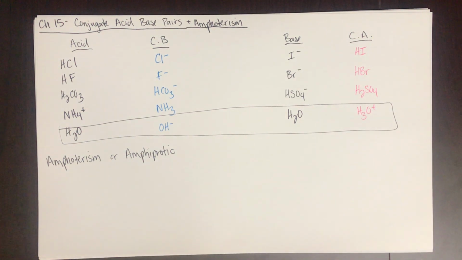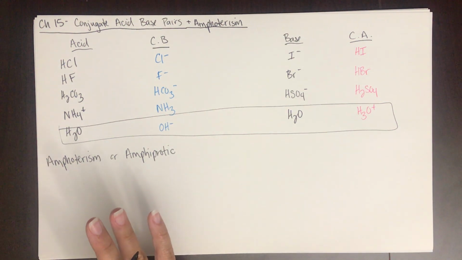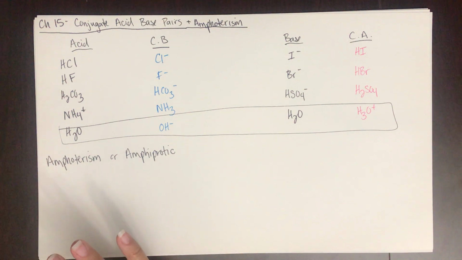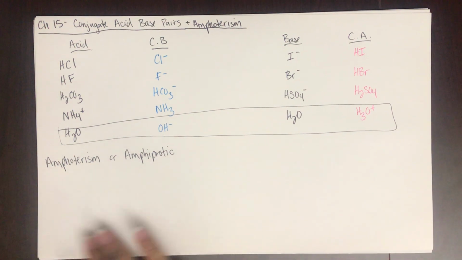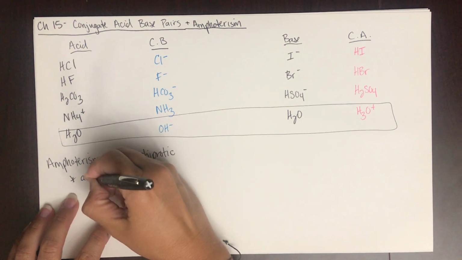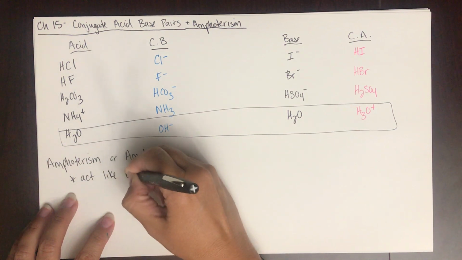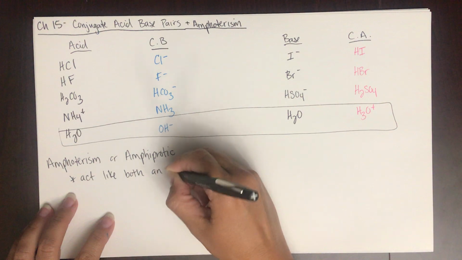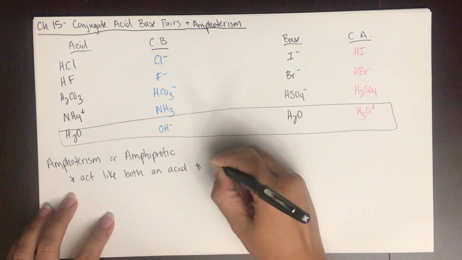So this is not a characteristic that is specific to water. There are many other substances that have this property of being able to act like both an acid and a base.